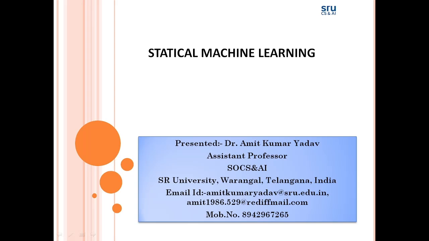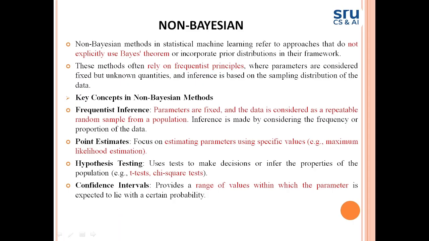In today's lecture, we are going to start some important part related to statistical machine learning. First one, say, non-Bayesian. It is used in statistical machine learning.